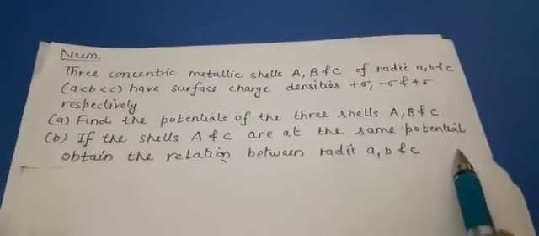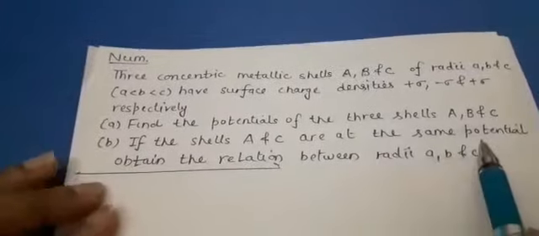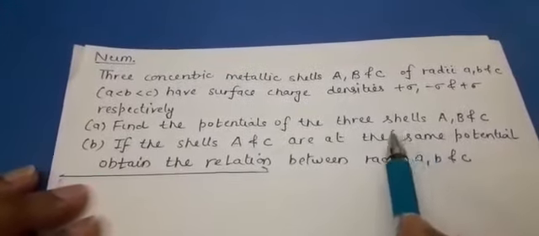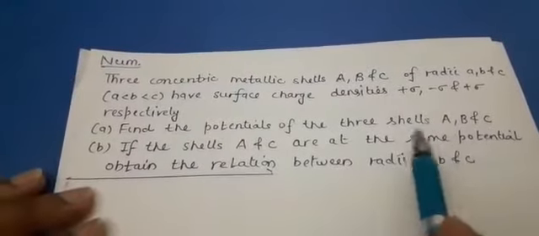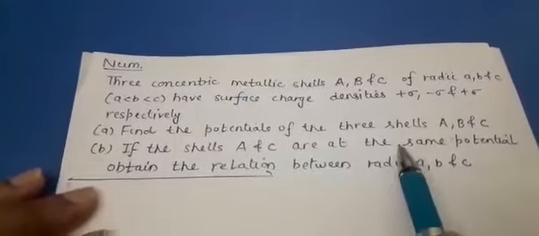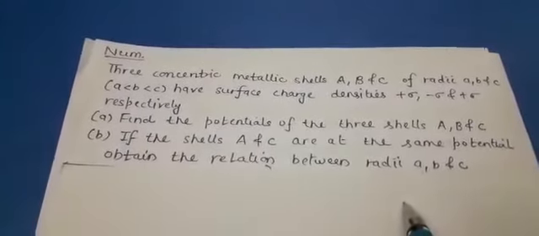See, the statement you have to understand: 3 shells have been given and their surface charge densities have been given. Independently you have to find the potential of the 3 shells, and if the potentials of A and C are equal, then establish the relationship between the radii of the 3. So what should we do as per the statement? Let me take 3 concentric metallic shells.